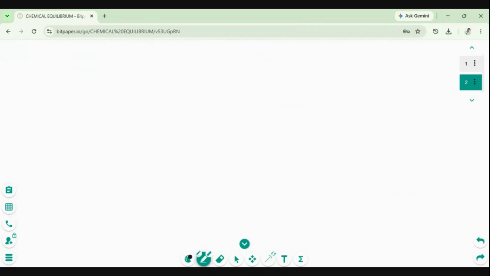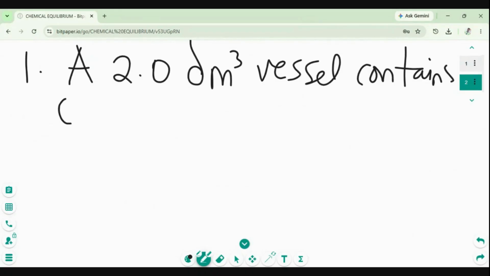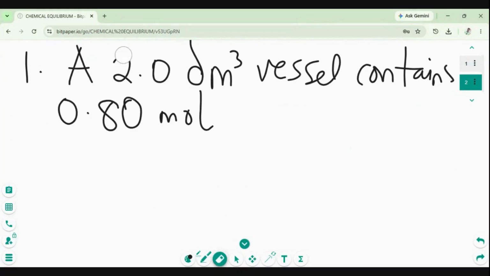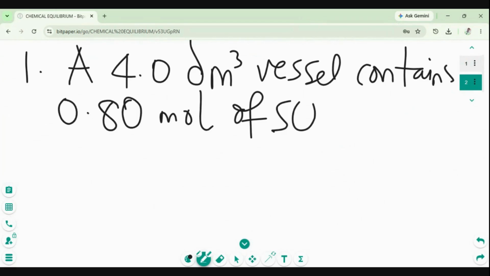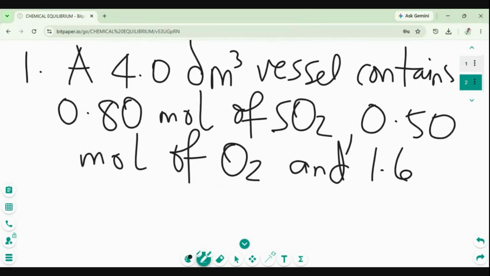So the very first one says, number 1, a 4 decimeter cubed vessel contains 0.80 moles of sulfur dioxide, 0.50 moles of oxygen, and 1.6 moles of sulfur trioxide.